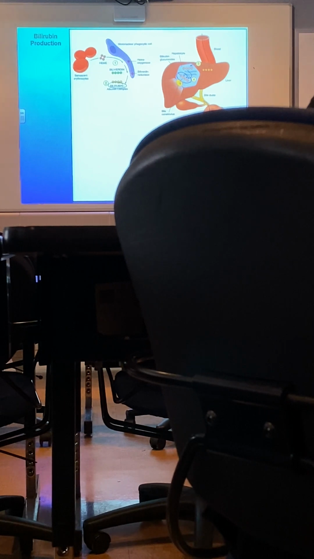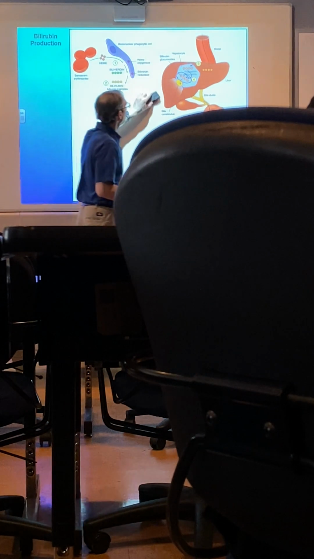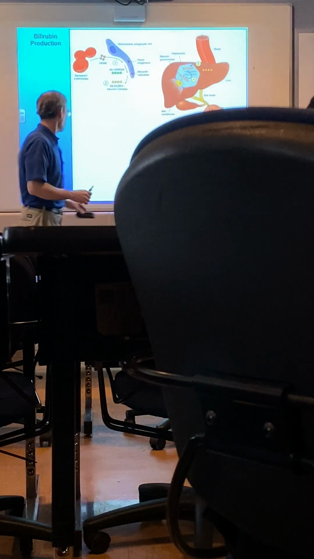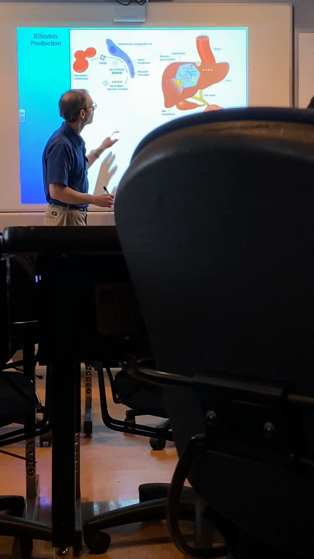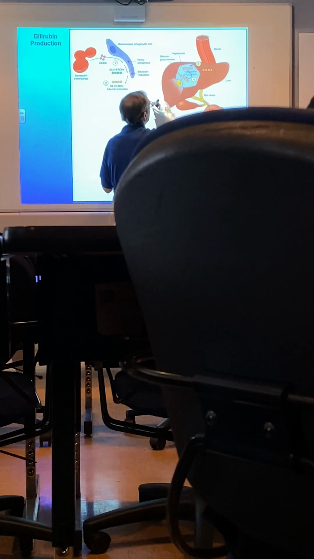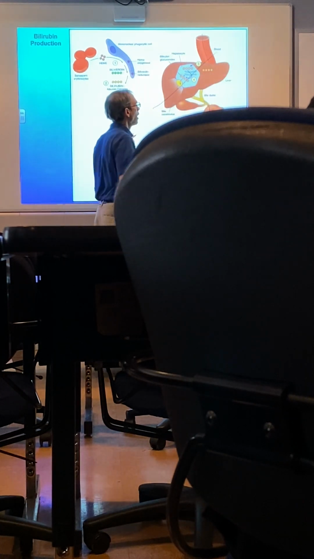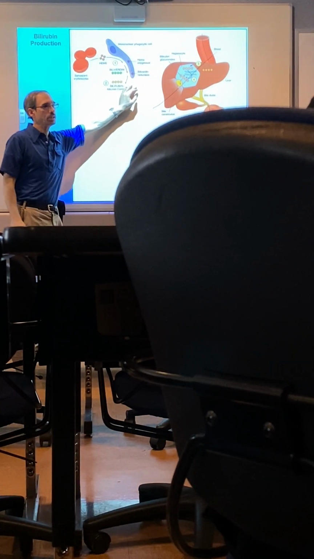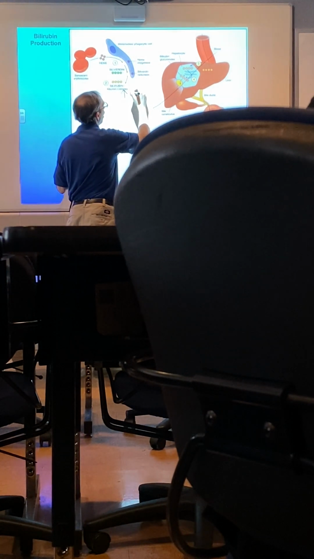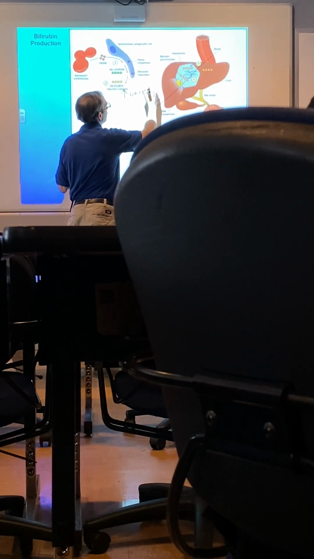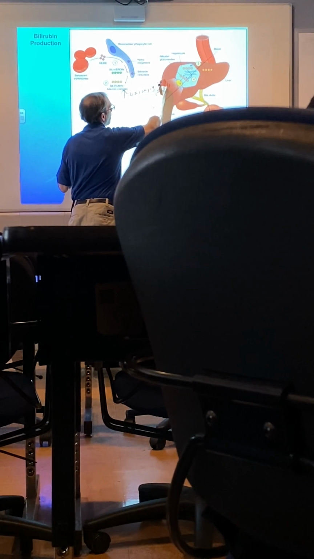Generally speaking, if you have a disruption in the metabolism of bilirubin such that it causes jaundice, any disruption in the metabolism proximal to the conjugation step will result in an increase in unconjugated bilirubin.